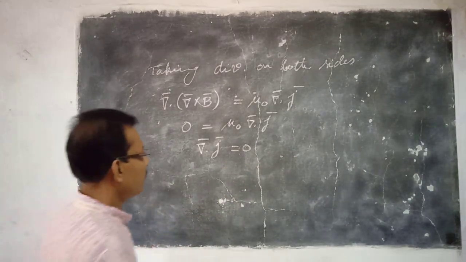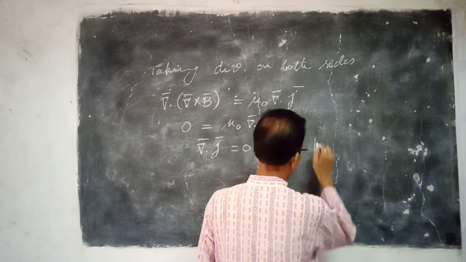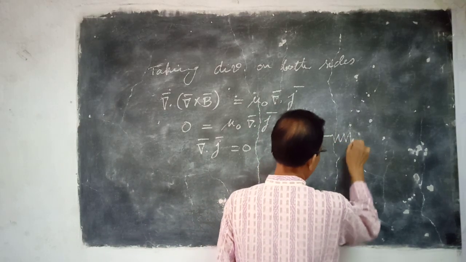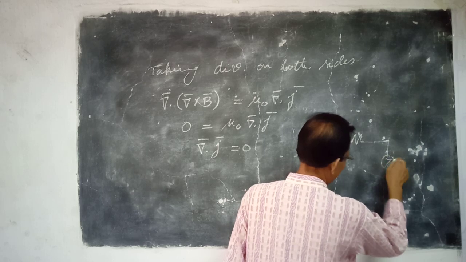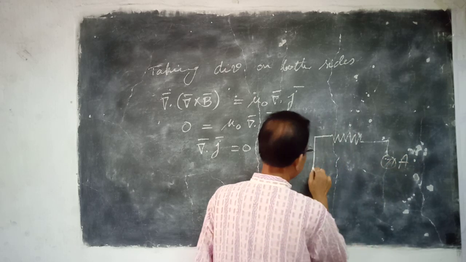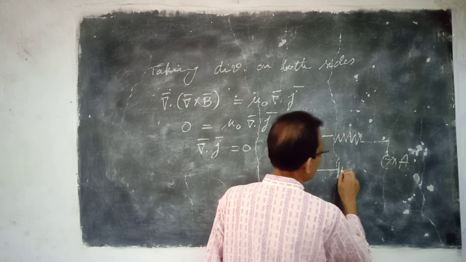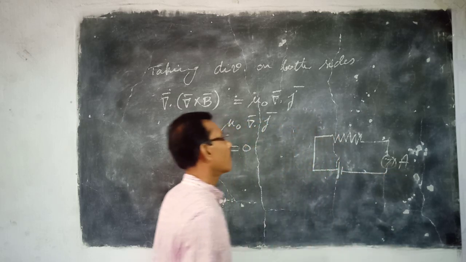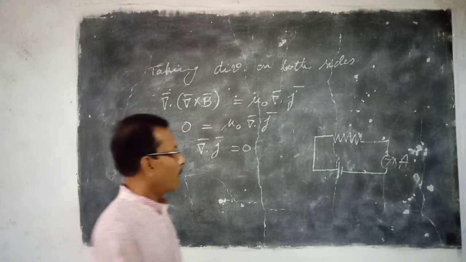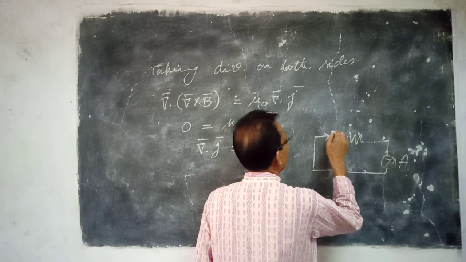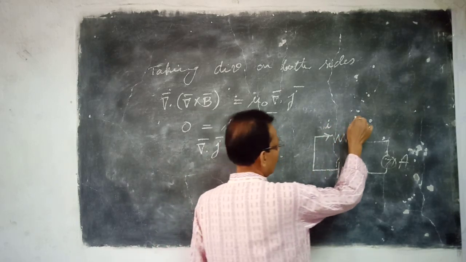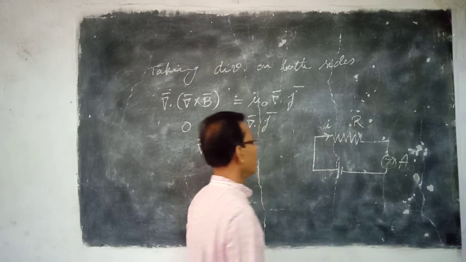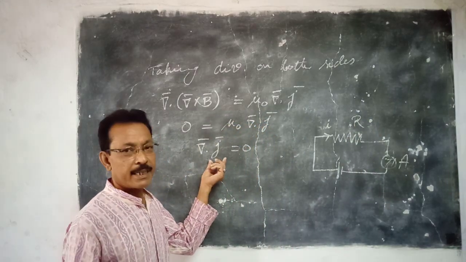Consider a circuit, the ammeter is here which is reading the current in the circuit. Suppose the current I is flowing through this resistance, which is J, the current density.